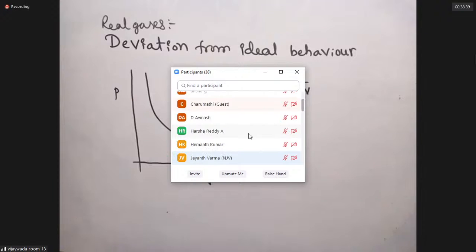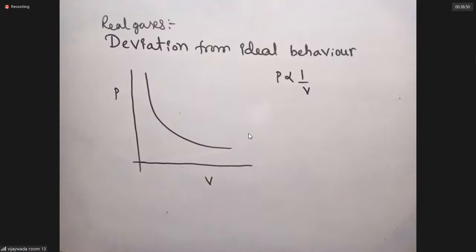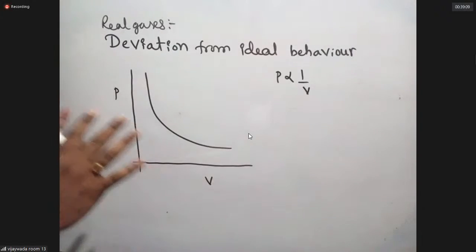So he tried to understand whether the ideal gas equation is correct for each and every gas at all temperatures and all pressures, or at what condition gases obey the ideal gas equation and at what condition gases do not obey it. It is completely an experimental result.